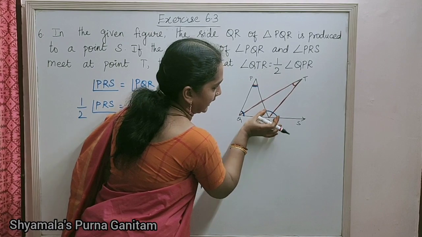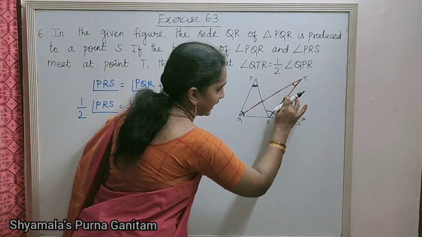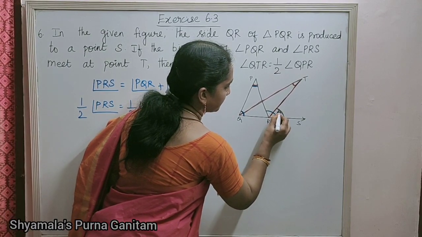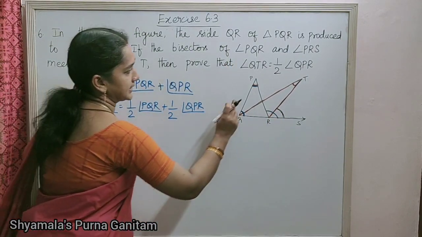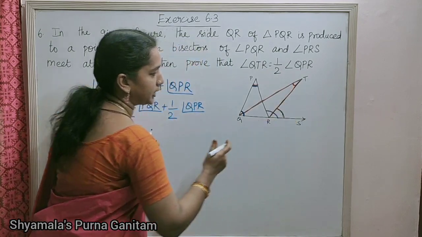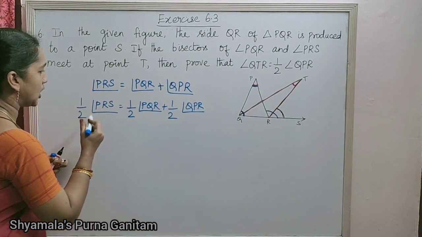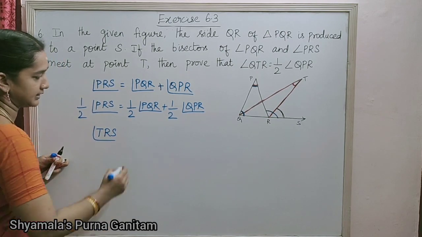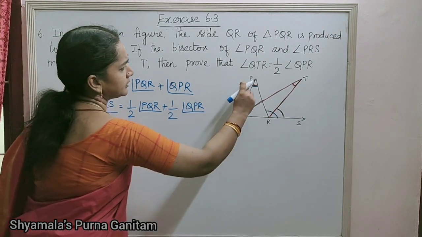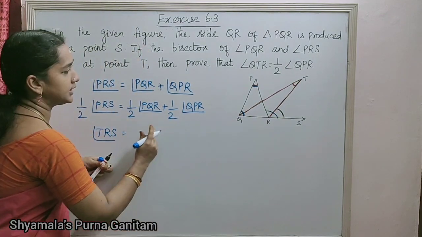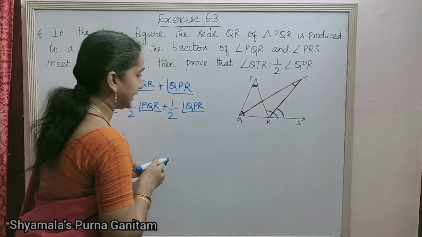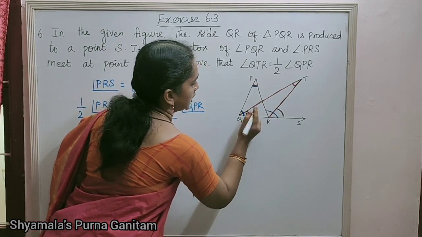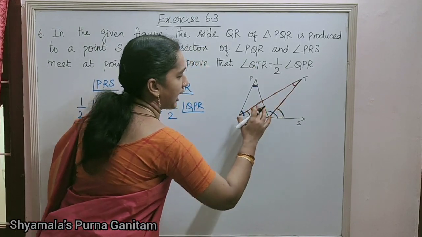PRS is the full angle, and in the question it is given TR is the bisector. So half of PRS is equal to angle TRS. And PQR, the full angle, I can write as half of PQR.